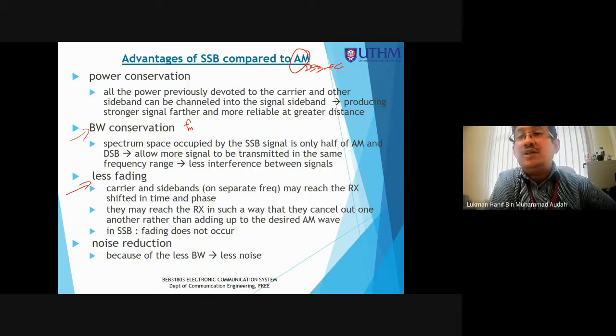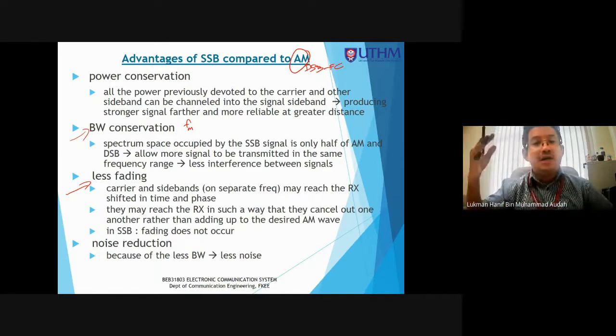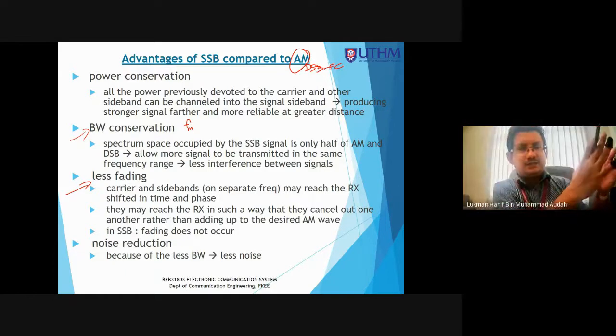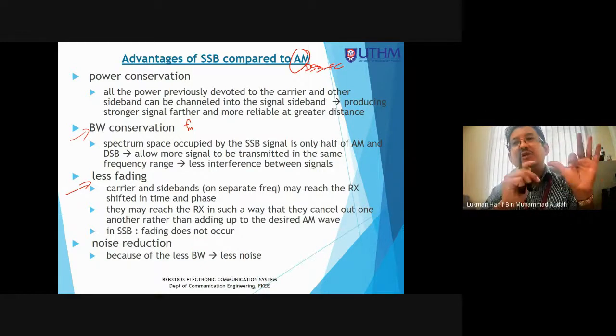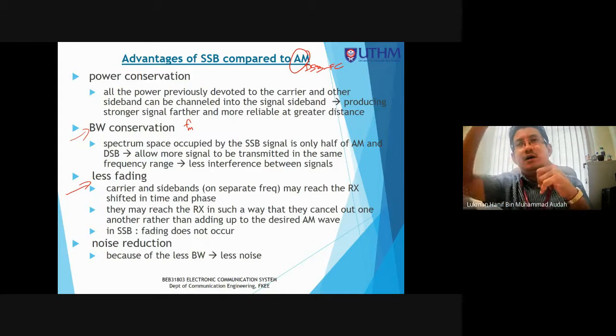continuous attenuation process. Fading adalah proses attenuation yang berlaku berulang-ulang. Dalam semasa signal itu dihantar daripada transmitter kepada receiver, one is due to the distance, dari segi jarak dia akan attenuate, and also due to the collision with obstacles, perlanggaran dengan obstacles sama ada partikel udara dan apa sahaja obstacle yang berada antara transmitter dan juga receiver.